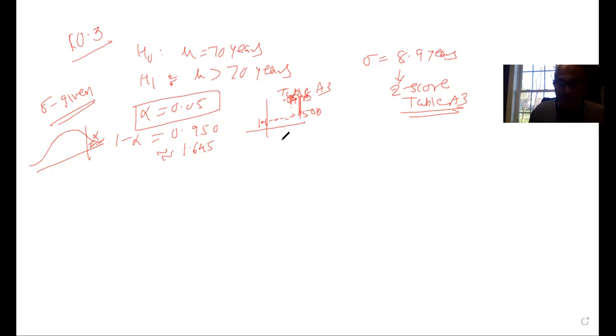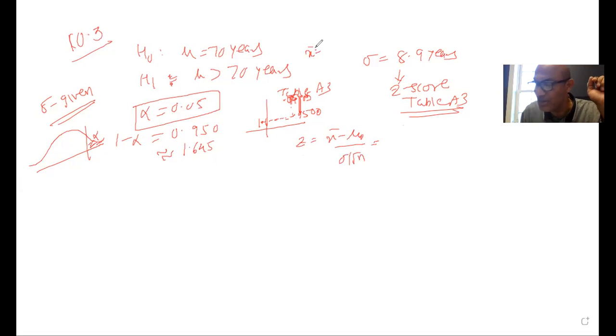So my critical region is now z, and what is my z value? z is equal to x bar minus nu divided by sigma over square root of n. X bar is also given to us, x bar is equal to 71.8 years, the lifespan.